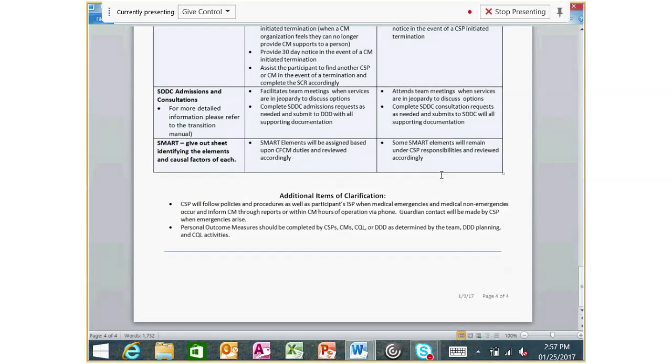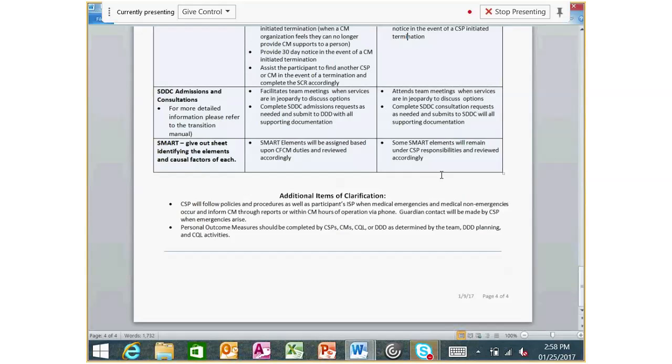The transition plan would be started by SDDC filling out some of the historical information about the person's admission. The case manager would then take over the transition plan and complete any of the documentation that the team discusses.